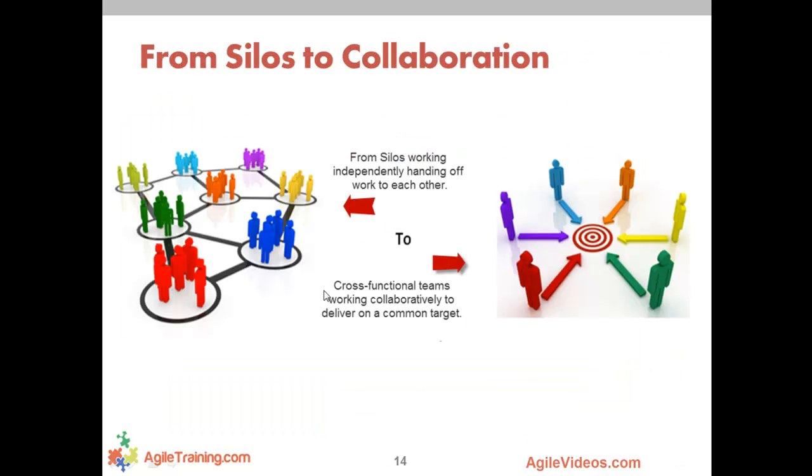So ultimately, here's what we're trying to do. We're trying to move away from these siloed teams that are functional, so they all do the same thing. This is like the analyst group, this is like the testing group, this is the group that does underwriting, this is the group that does this, and create teams that are cross-functional, high-performing, and they can actually get something done and deliver value. Most of these functional teams on their own actually don't deliver any value.